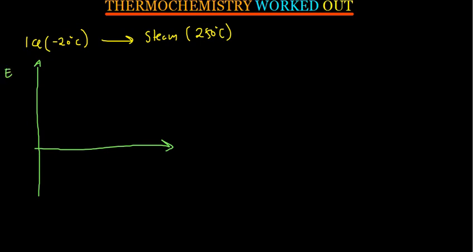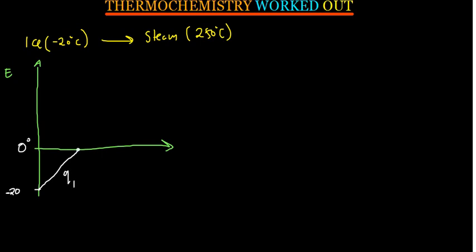On this side we are going to have energy, on the x-axis we are going to have reaction progress. To move from negative 20 degrees, you need first to convert the ice from negative 20 to ice at 0 degrees, because that is where the melting point happens. So this is going to require heat. Let me call it Q1.